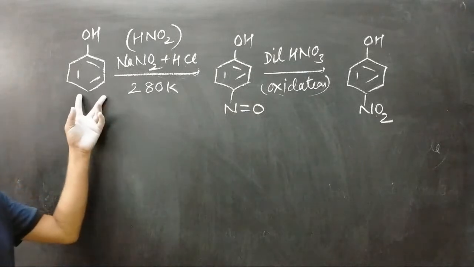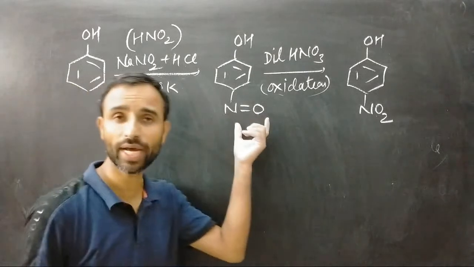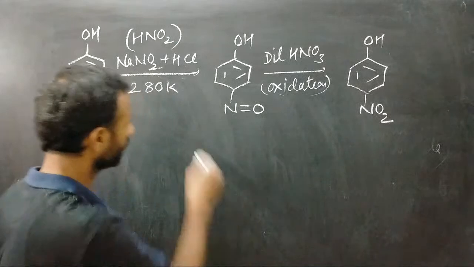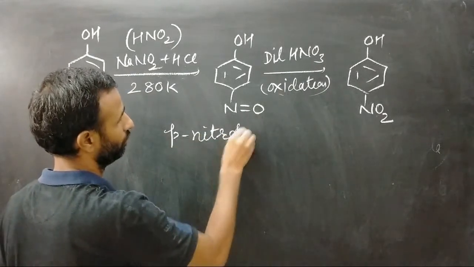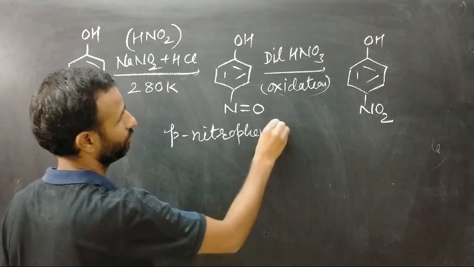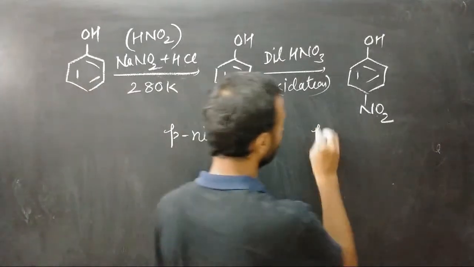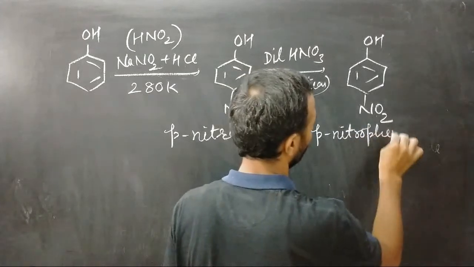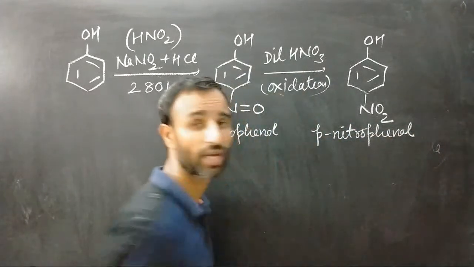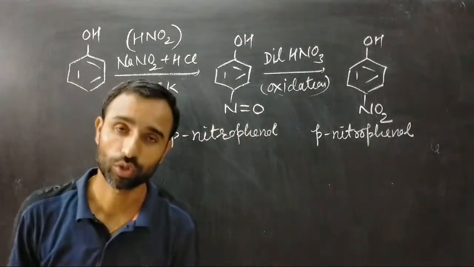See, phenol is first converted into para-nitrosophenol, and finally we get para-nitrophenol as a single product. There is no orthonitrophenol.